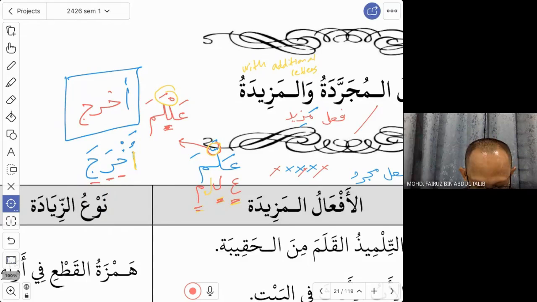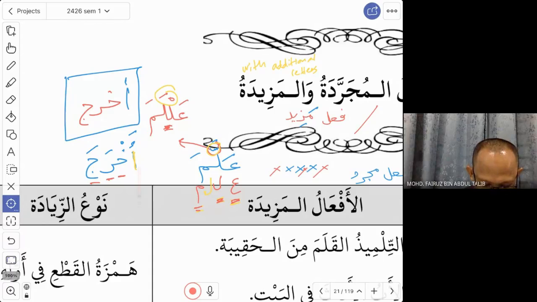If you just go to alif to find akhraja, you will never find it, because the word does not exist in the letter alif. Why? Because most Arabic dictionaries are not based on the first letter, but on the first root letter. So that is why it is important to know whether you have an additional letter or not.